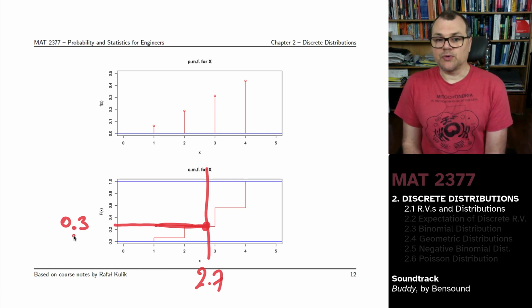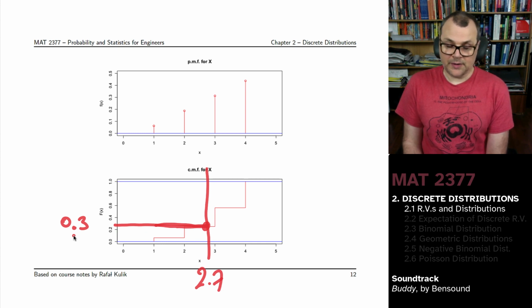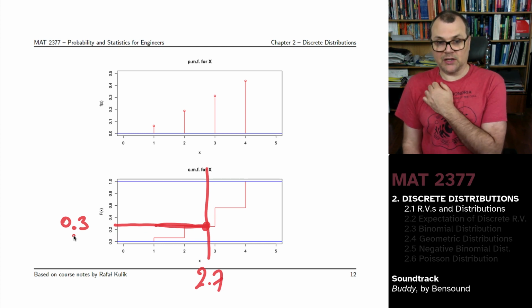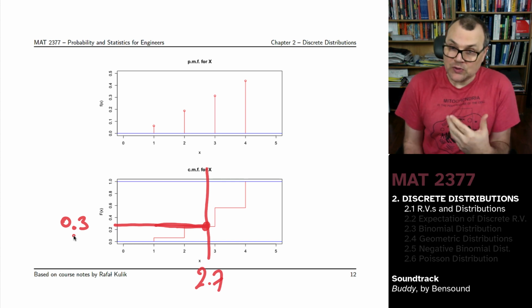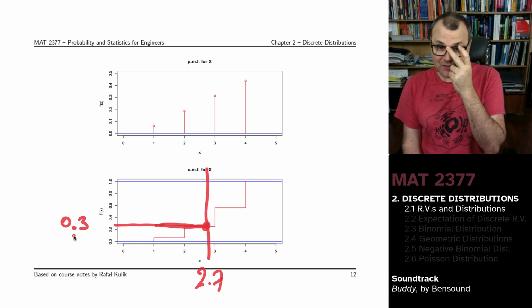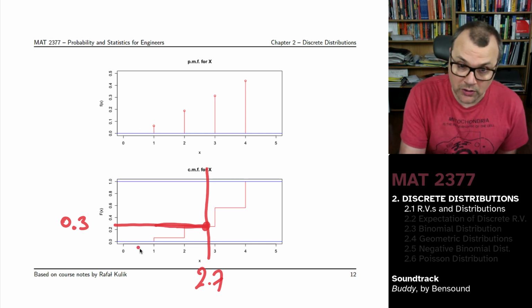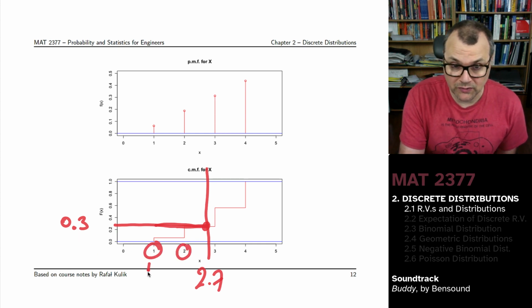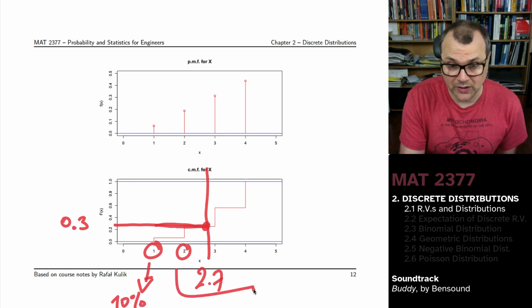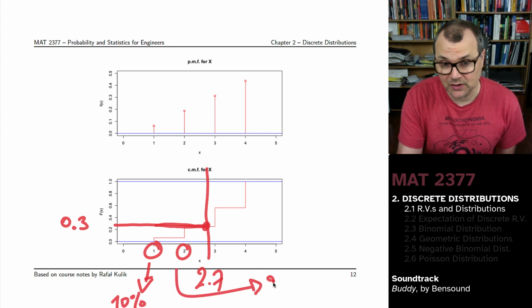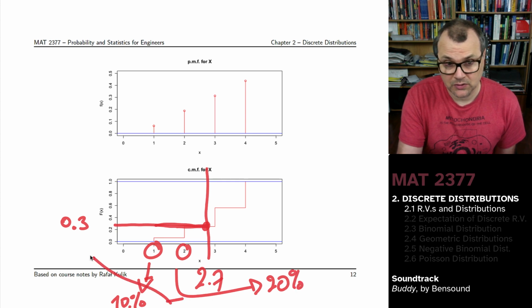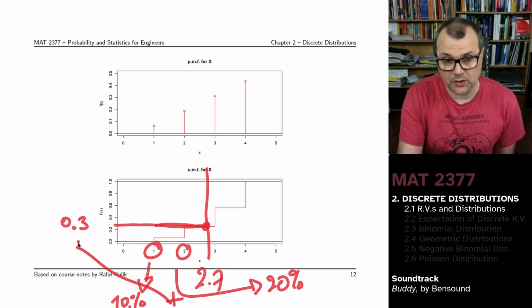So you have a 30% chance of the random variable taking on a value smaller than 2.7. What are the values that it can take that are smaller than 2.7? It can take on the value 1 or the value 2. The value 1 accounts for 10% and the value 2 accounts for 20%. And when you add those together, 10 plus 20, you get your 30% right here.